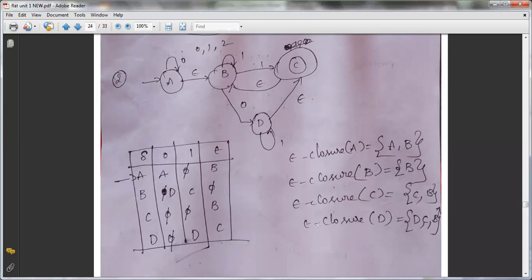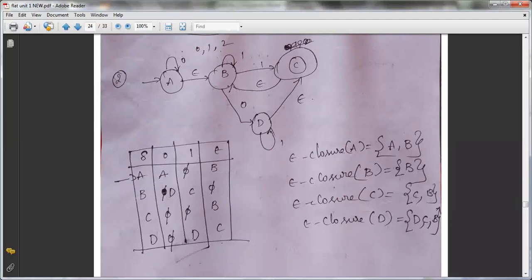And after that, epsilon closure of D, compulsorily we will get D. And after that, from D where are you going? C. And from C where are you going? B. So, we will get D, C and B. Okay. So it is very, very important to calculate the epsilon closures.